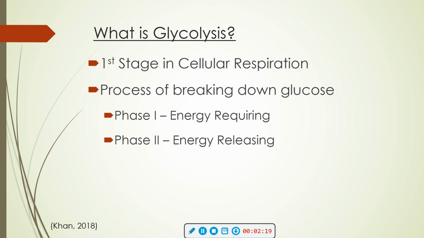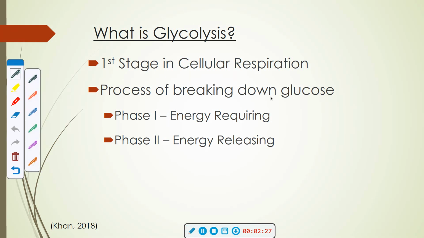There are two phases, but altogether between the two phases, there are 10 steps. There are 5 steps in phase 1 and 5 steps in phase 2. So equally splitting. The first phase talks about the energy that it takes, and then phase 2 is the energy that is released because of that reaction that breaks down the glucose.